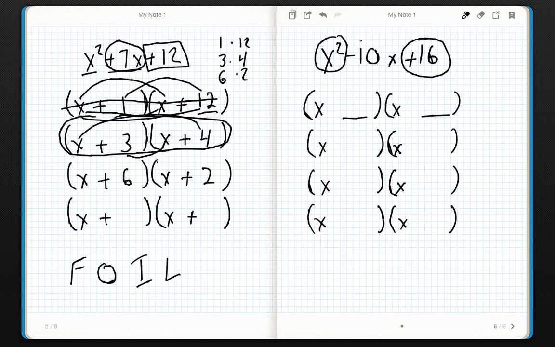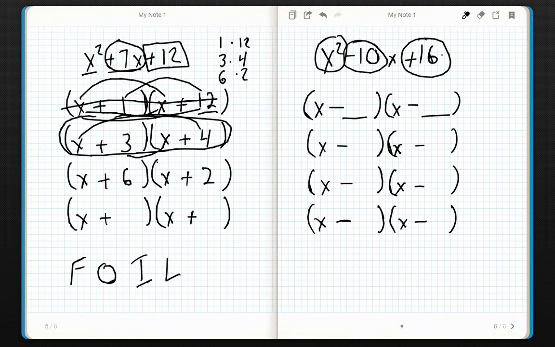Well, that's when I look at the middle term. The middle term is negative 10x. If the two terms that are both the same sign combine, my O and my I, to build a negative middle term, then I know right out of the gate that these two signs have to be negative, because I can't build a negative 10x with two positive terms.